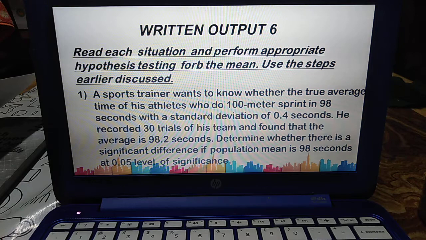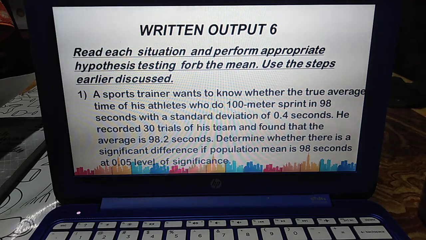Because you're asked for a significant difference, our null hypothesis will be there will be no significant difference, and our alternative will be there will be a significant difference. Since we did not make use of greater than or less than, we are going to make use of the two-tailed test.